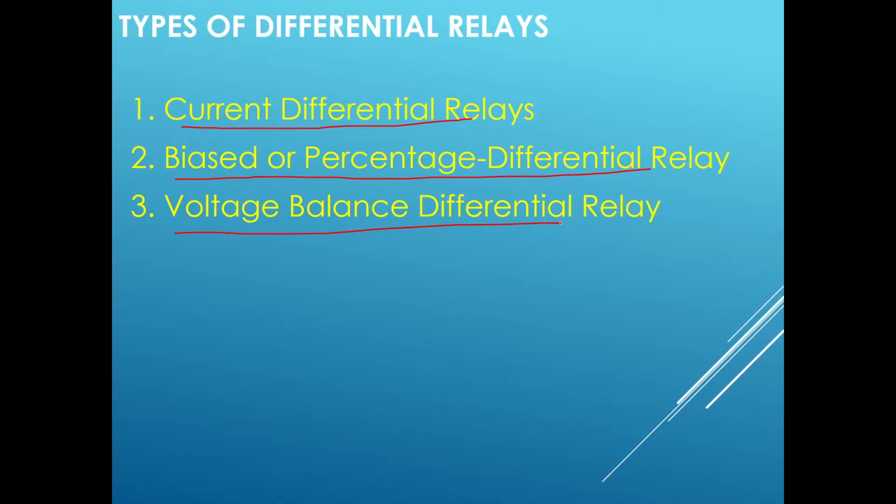Let us discuss these differential relays one by one. The first one is current differential relay. After that, we will discuss percentage biased. Here it is mentioned biased or percentage differential relay on this screen, but you can even call it percentage biased differential relay. Next, voltage balanced differential relay.